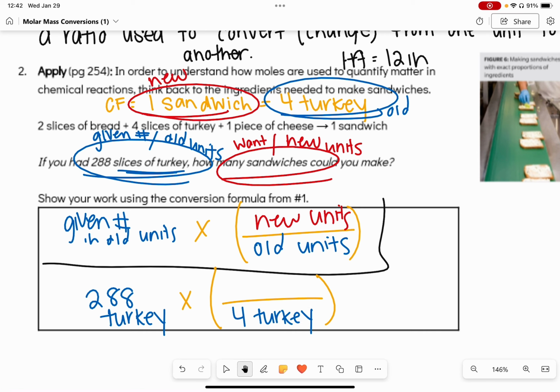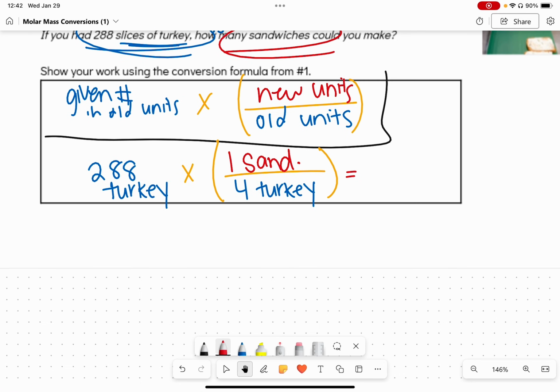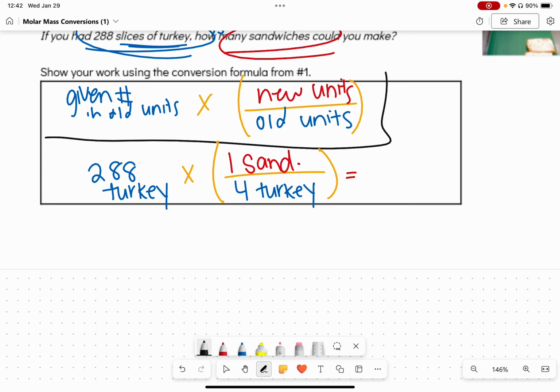Make sure you put the units with the numbers so you know where those numbers belong to. Our new units, what I want to find, is sandwiches. So the one sandwich is going to go on top, and I'm just going to abbreviate that. So you can go ahead and put this in your calculator. If you don't know how to put it in your calculator, you start by putting the given number out front, multiply it by parentheses, top number divided by your bottom number. You can pause here to calculate.